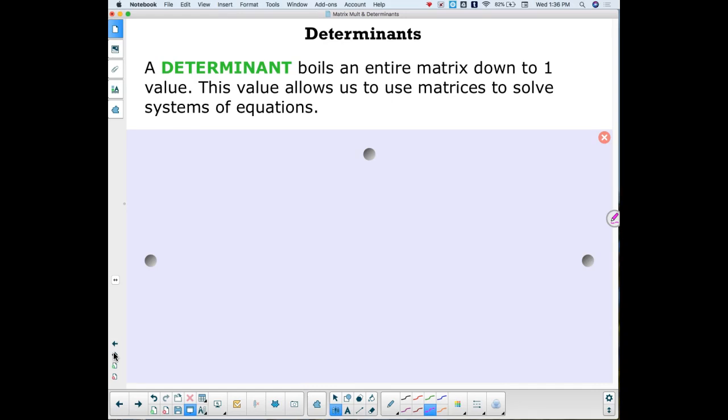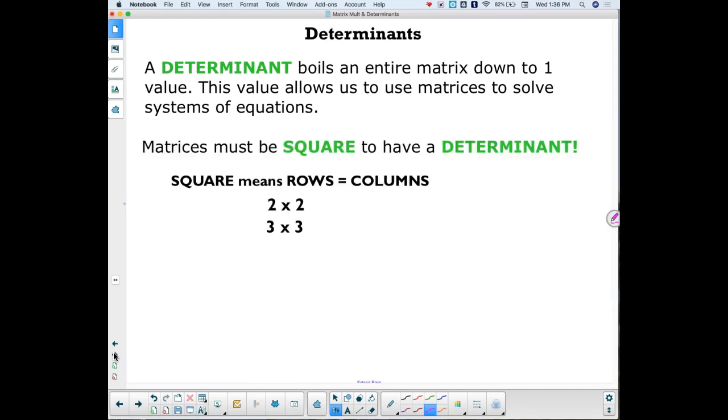Okay? But we need determinants to go to the next step. The next step is solving systems of equations using matrices. And so we need determinants to do that. The kicker with a determinant is the matrix must be square in order to have a determinant.